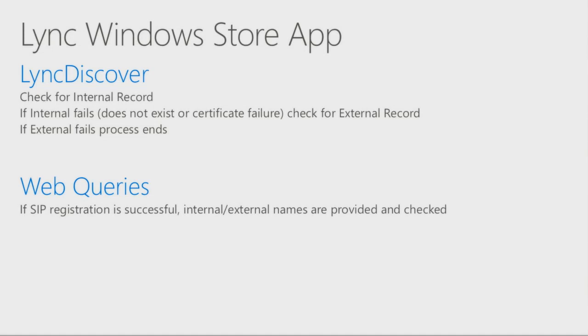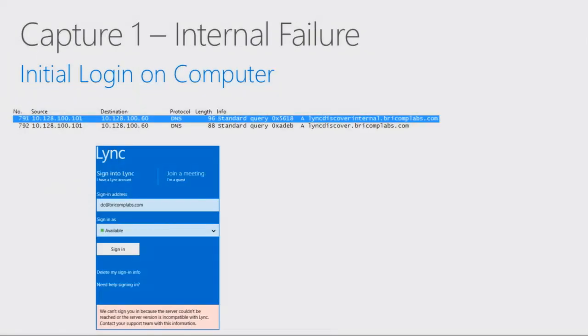So the key for the Lync Windows Store app is that it does the Lync Discover process identical to how the fat client does it, the big difference being that it doesn't do SRV. Now, to your point, as part of our demos, I did not do a live demo of capturing this because it doesn't always work like we'd expect it to. So instead, I got it to finally fail and then captured the logs like I would to give you the screenshots of it. But the key here, the process is the same.